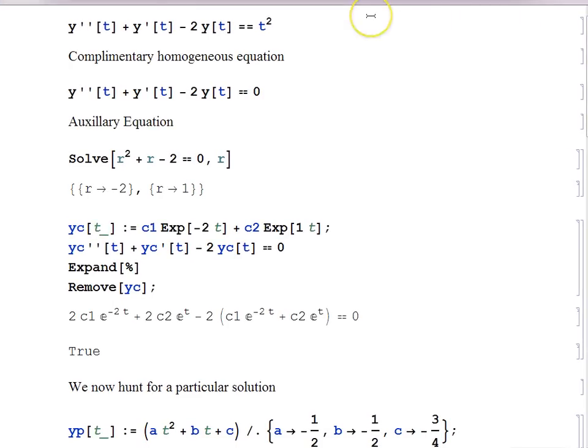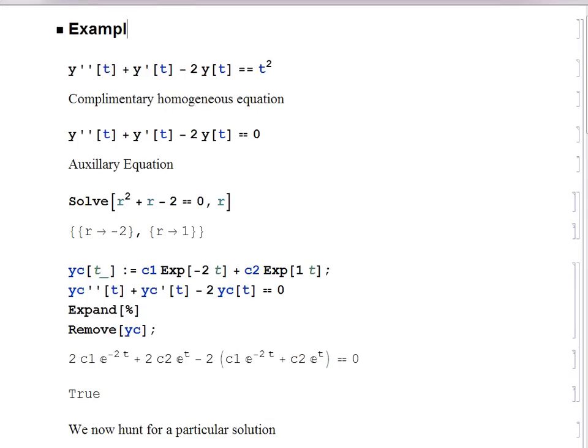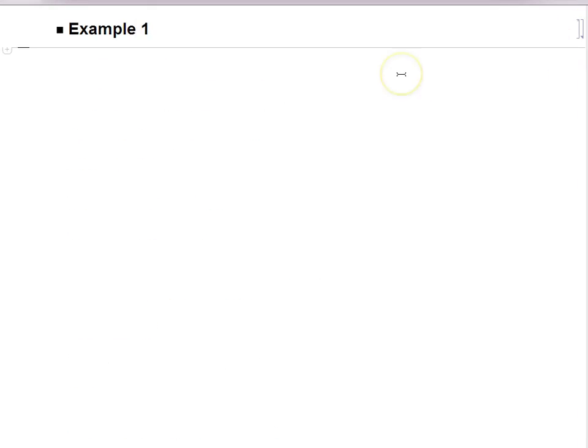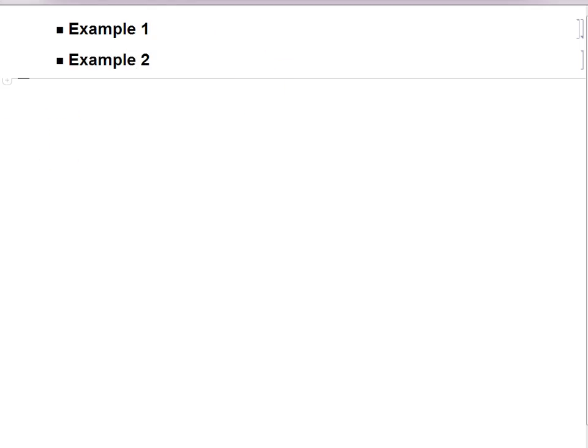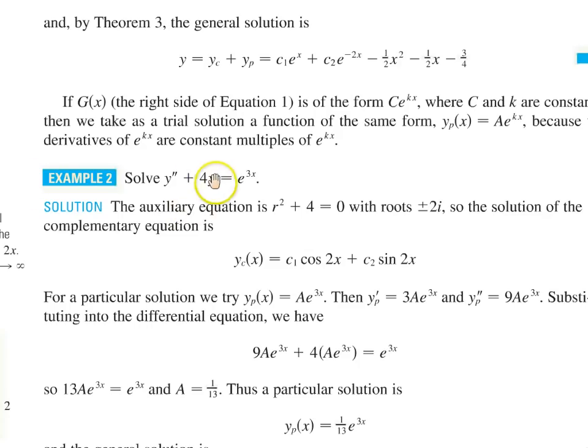I'll scroll to the top and say example 1. And now we're going to do example 2. And let's walk through it. Let me just remind myself again what it is. y double prime plus 4y equals e to the 3x.